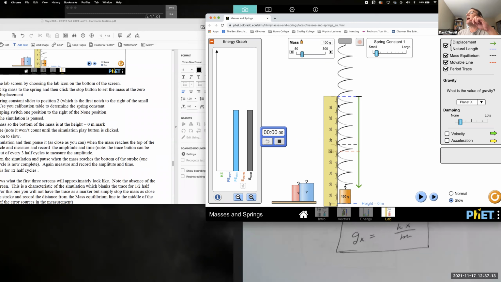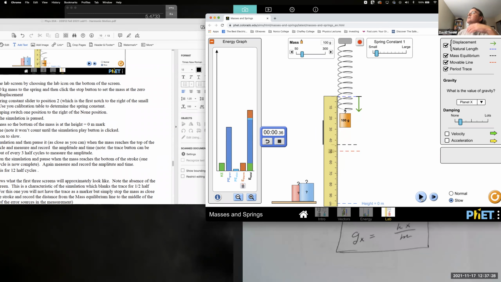So on this side, it's going to be a little bit after 10, or maybe before, because we have damping. And we're going to put on the period trace. So I'm going to hit go. I'm going to stop it fairly soon. Okay, I'm looking at here, and I see that I'm losing elastic potential. And I've got E thermal going up fast.